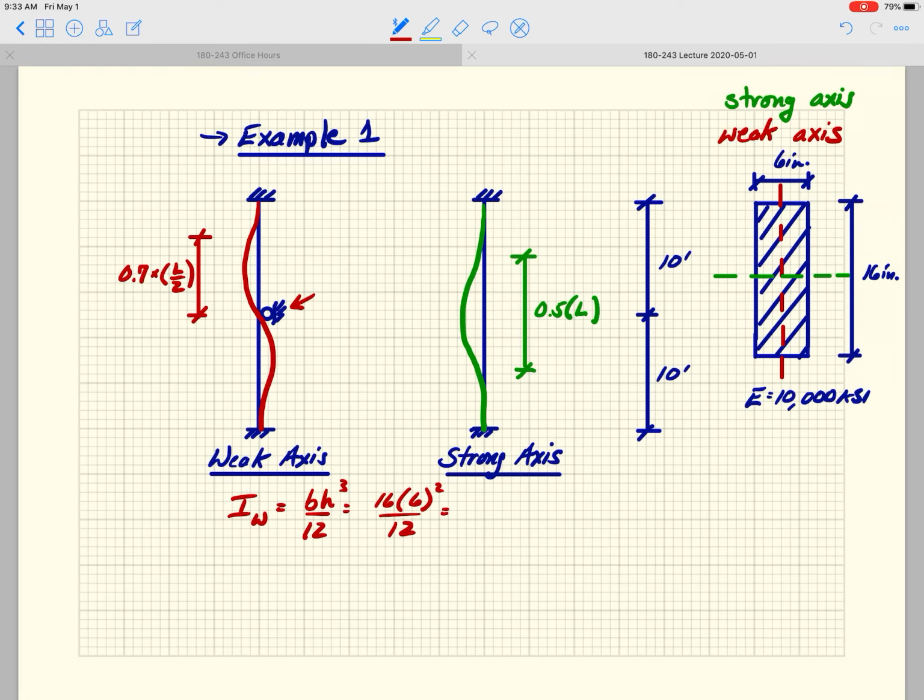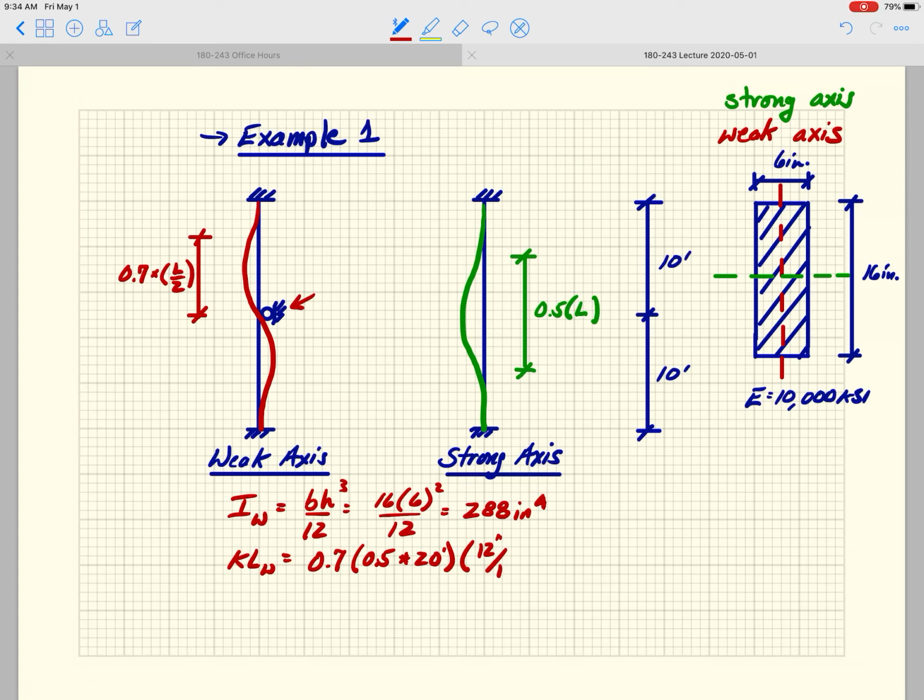I divide that by 12, and that equals 288 inches to the fourth. And then I'll get my KL in the weak axis, and that is just 0.7 times 0.5 times 20 feet. And so that ends up being, and in fact, you know what I need to do here?